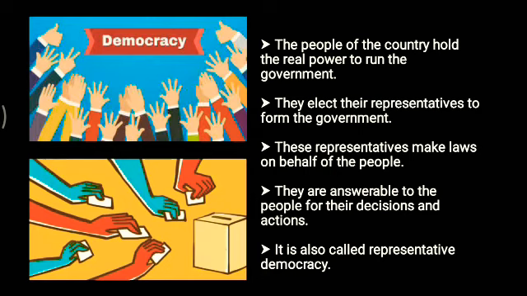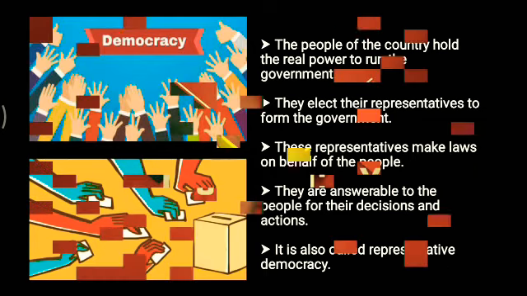They are answerable to the people for their decisions and actions. Due to this representative nature, it is also known as representative democracy. It's a very proud moment for us that India is the largest democracy in the whole world. Understood? So, that's all.